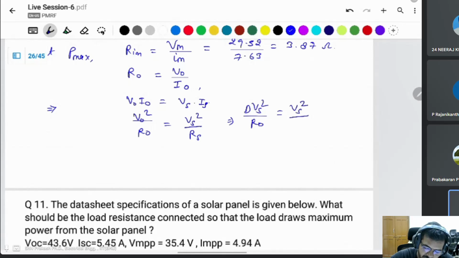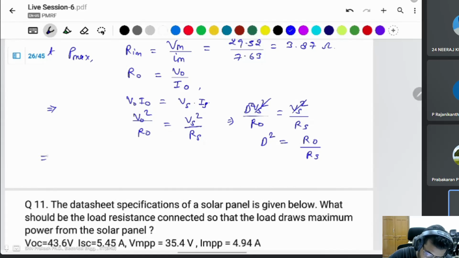Vs square divided by Rs, so you cancel out. What is the D? Sorry, D square also here, because V naught is equal to dVs. D square is equal to R naught divided by Rs. Rs is the same as the R input.